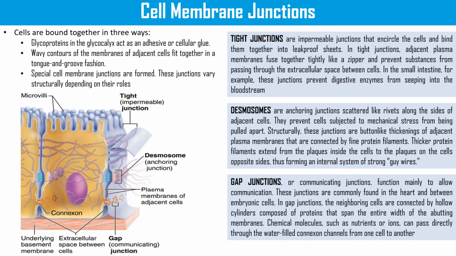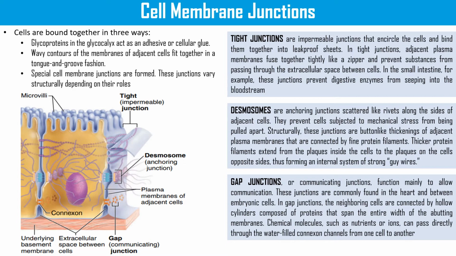The last one is the gap junction, or communicating junction. It functions mainly to allow communication. These junctions are commonly found in the heart and between embryonic cells. In a gap junction, neighboring cells are connected by hollow cylinders composed of proteins that span the entire width of abutting membranes.